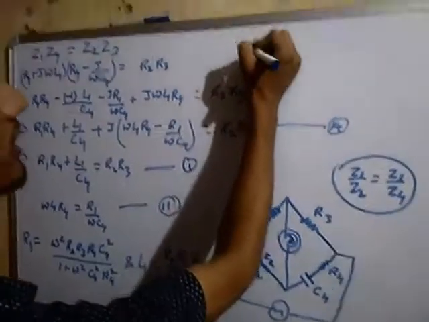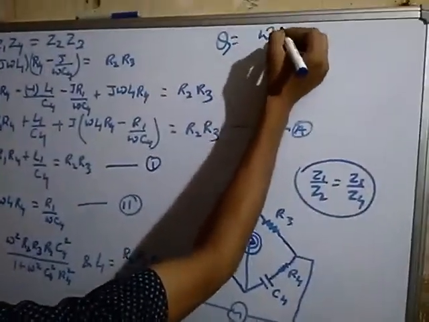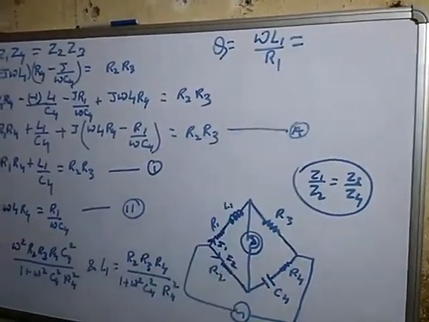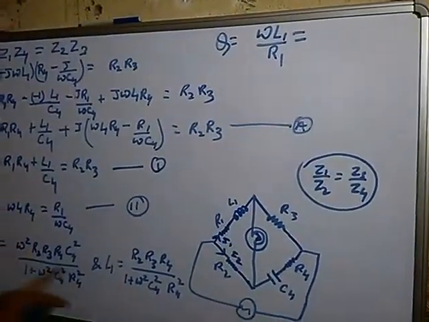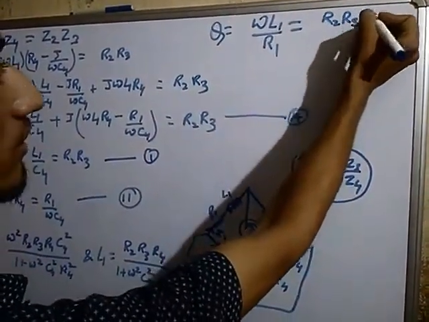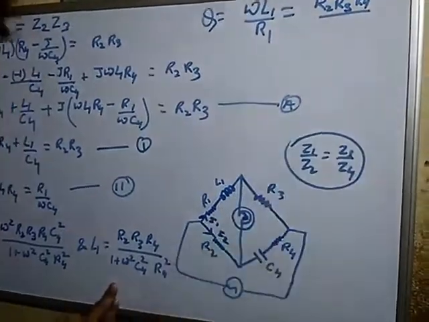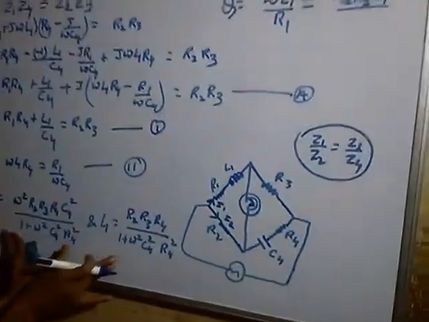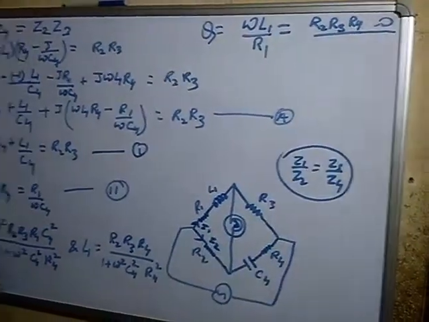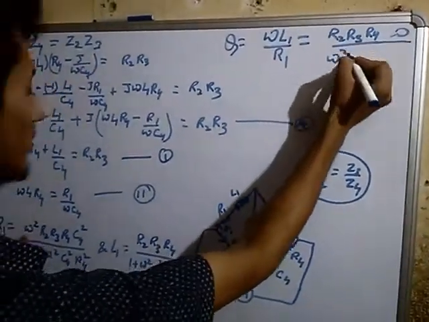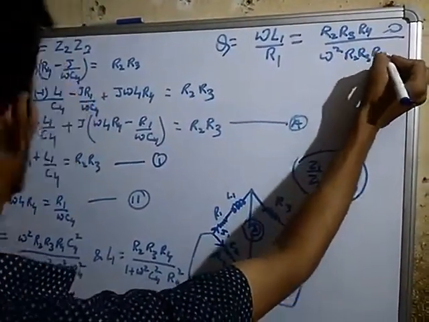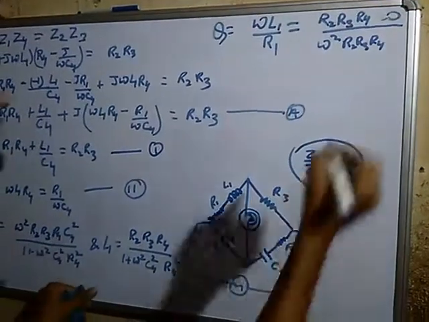Next is again the quality factor Q, which is omega L1 upon R1, and after substituting it, this will be R2 R3 R4 over, this term will be cancelled from both sides, omega upon this omega square R2 R3 R4 C4 square.